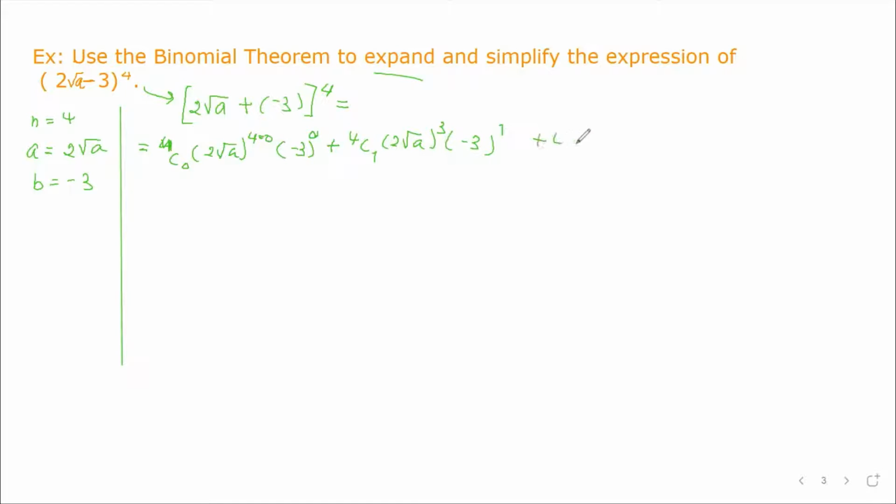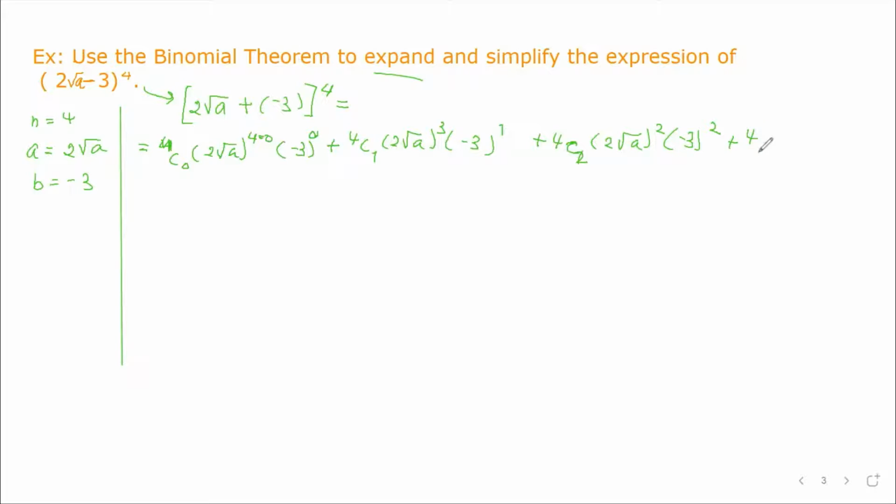Plus 4C2, then (2√a) power 2, and this one is minus 3 power 2. So go on until you have 4C4.